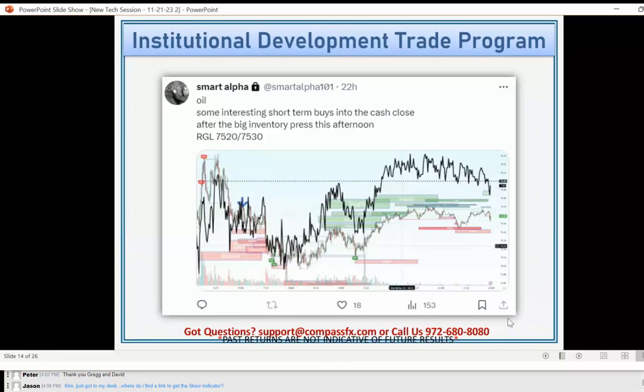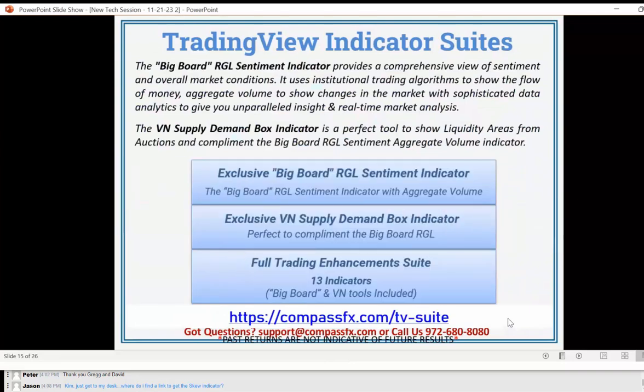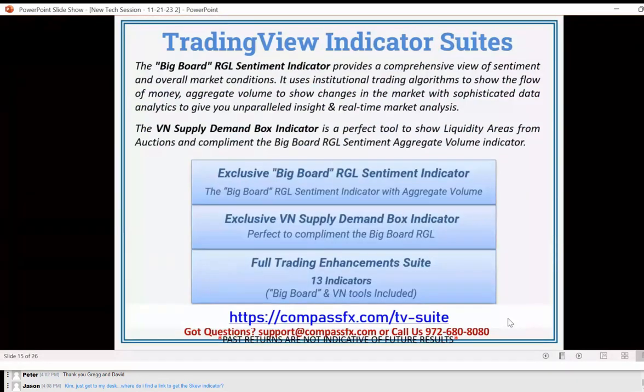So like I said, these tools get used regularly on a day-to-day basis. They're super valuable. So you can get the TradingView suites, you can get the package with the big board, the VN. Those tools all come together. And then now the skew is new. It's going to be a separate standalone tool.